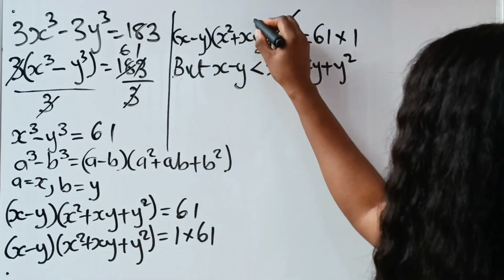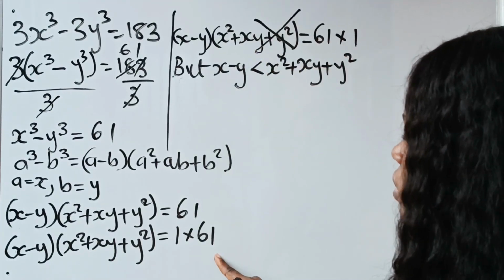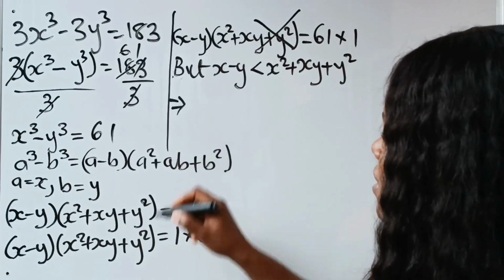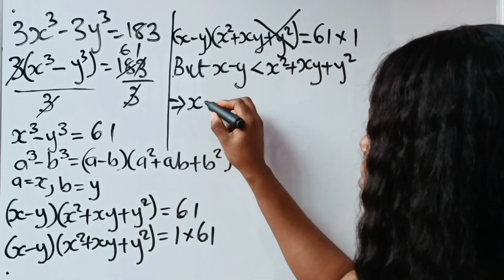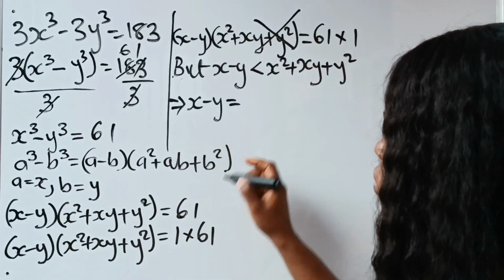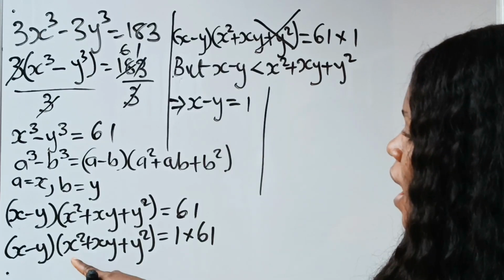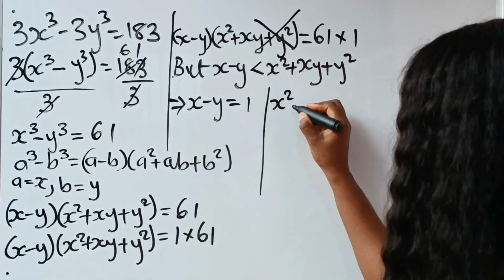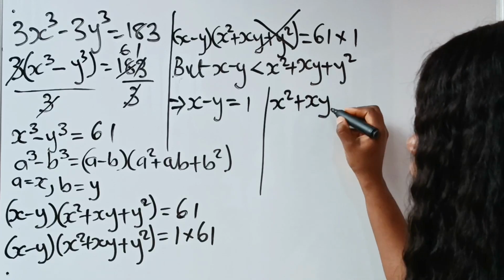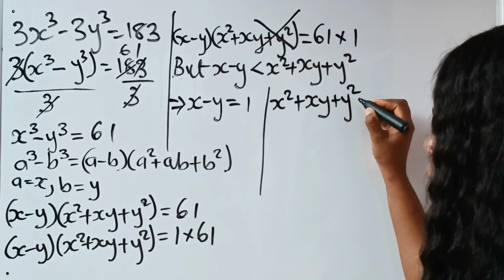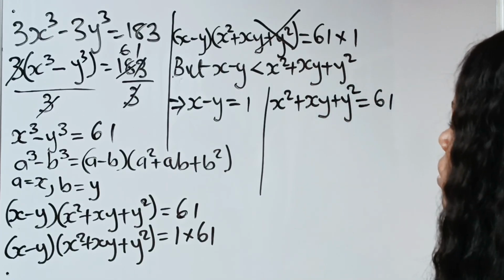Therefore, this is not going to be used. We are going to make use of this. So from there we can say that x minus y is equal to 1, all right, and that x squared plus xy plus y squared is equal to 61.